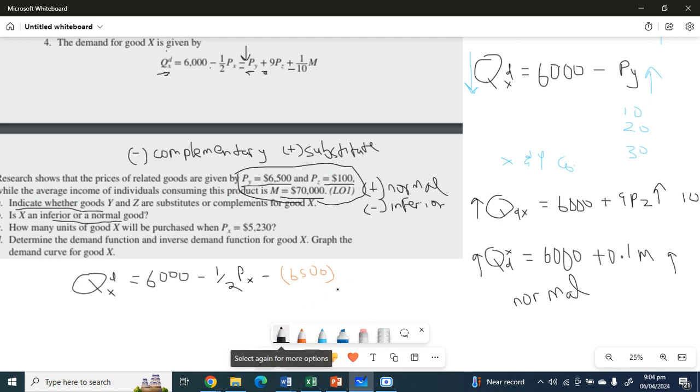Plus 9 PZ, where PZ is equal to $100, plus 1 over 10 of 70,000.